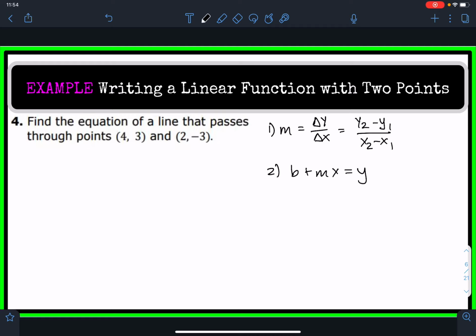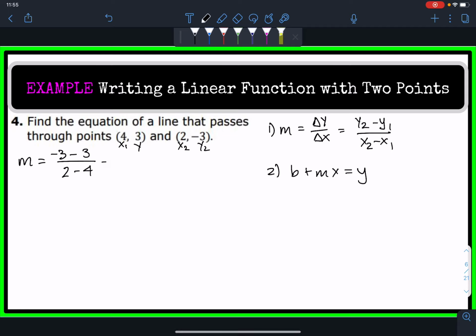So y2 minus y1, that would be -3 minus +3, over 2 minus 4. Again, x1, y1, x2, y2. So now, subtracting -3 minus 3, that's equal to -6. 2 minus -4, that's equal to -2.